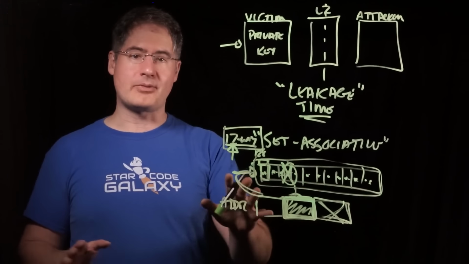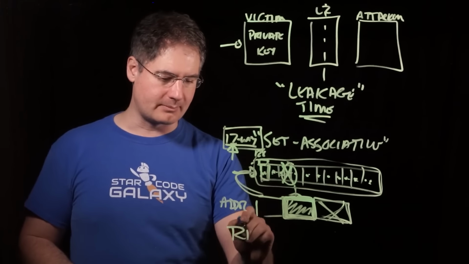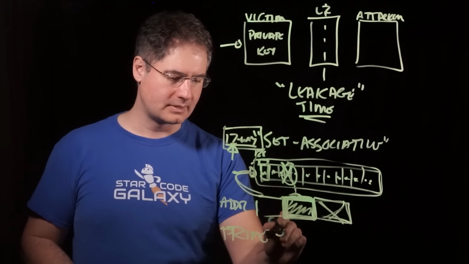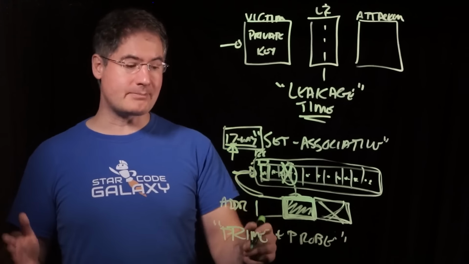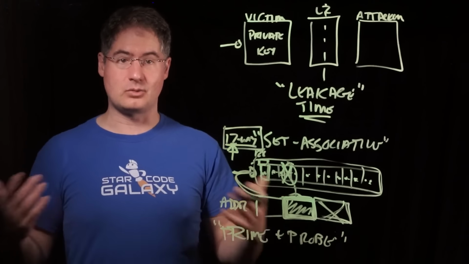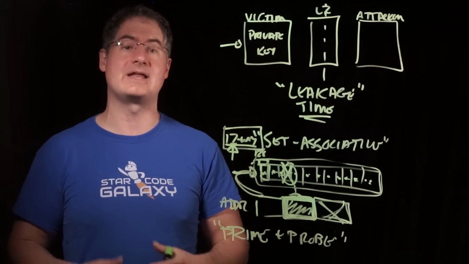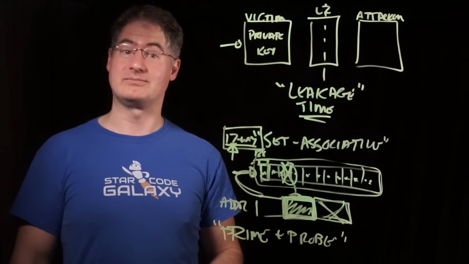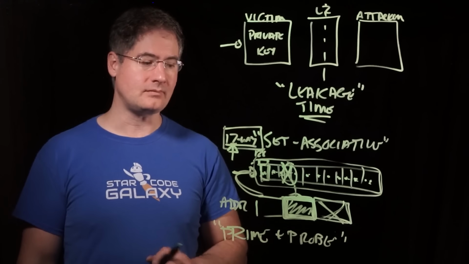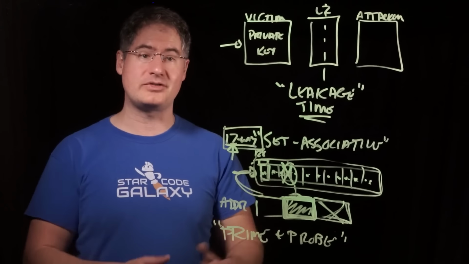And this entire process right here falls under a particular name called prime and probe. The prime part is we fill this up with data that we control. The probe part is we then see how long it takes to read the data back, and hey, if it takes too long, we know someone else has been in there. So that has been used before for security exploits. This is a known thing.